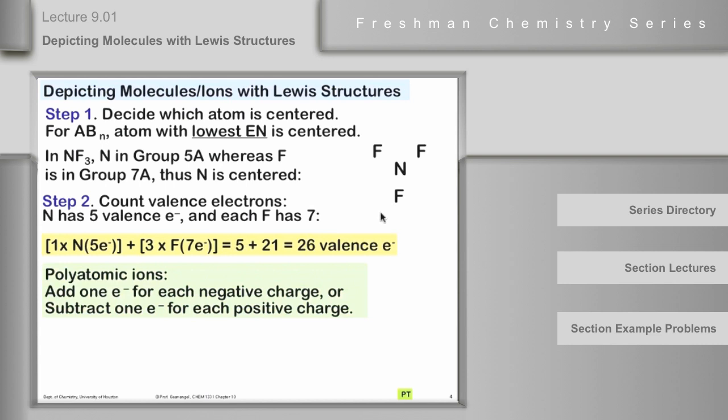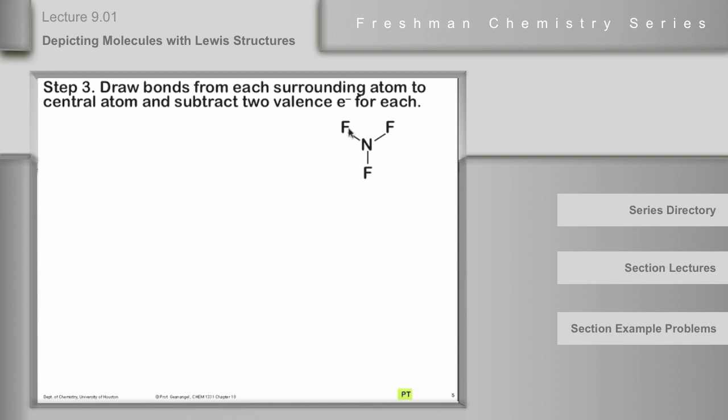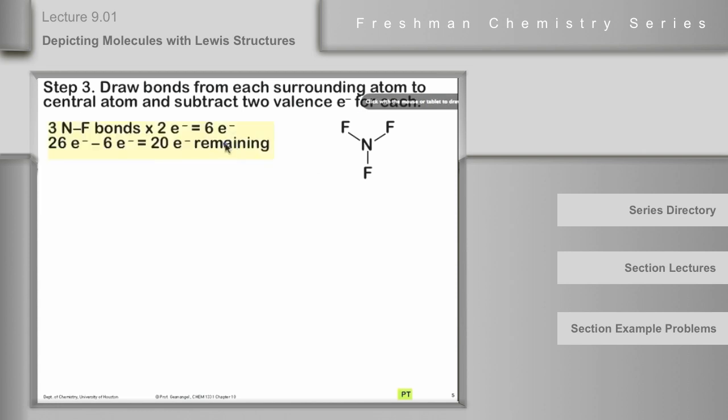So let's look at this molecule and its 26 electrons. So we draw a single bond from the nitrogen to the fluorine 3 times. And then we subtract 2 valence electrons for each one of these bonds. Okay? They are now used up, and we get them out of the total. So 3 NF bonds times 2 electrons per single bond gives us 6 electrons that are used up.